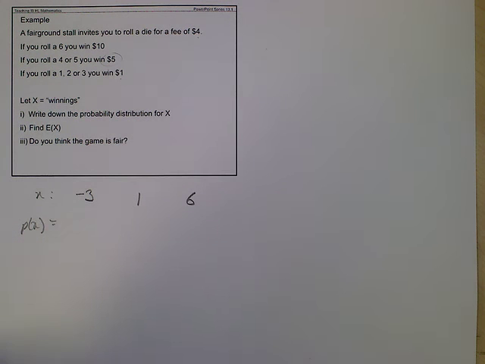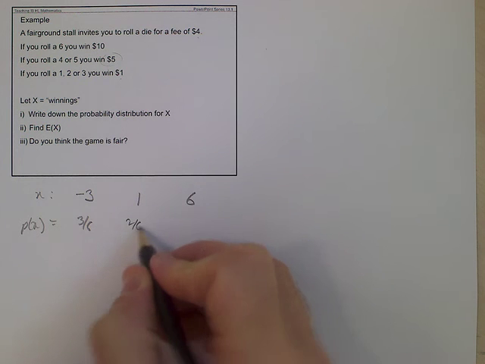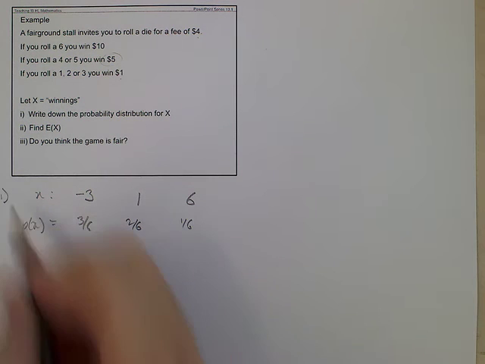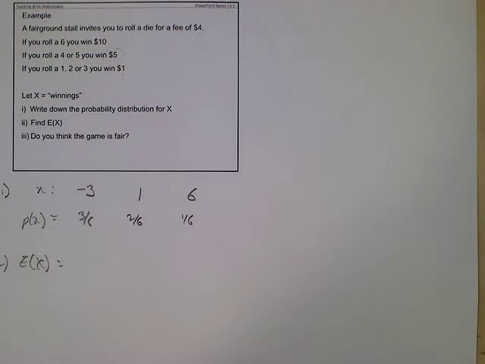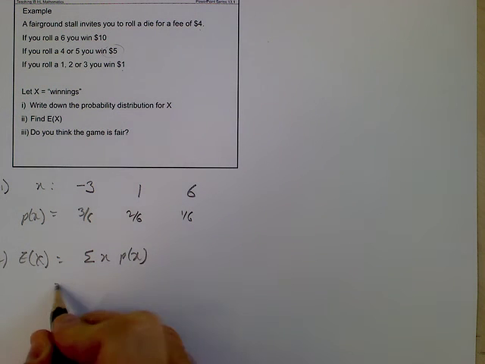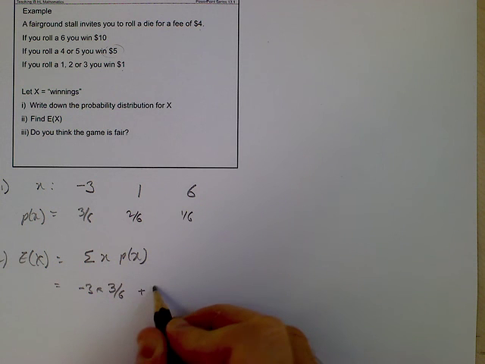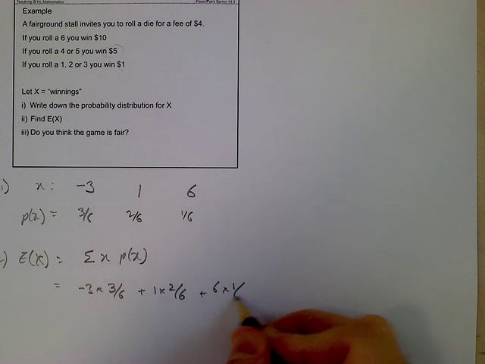Probabilities for these, of course, well, chances of me losing $3 are a half, or 3/6, 2/6 for that, and only 1/6 for that. So I've got my distribution for the winnings. So now it's quite easy for me to work out the expected value of these winnings. I'm just going to go through using the formula. It's going to be sum of x times the probability of x. So it's minus 3 times 3/6 plus 1 times 2/6 plus 6 times 1/6.